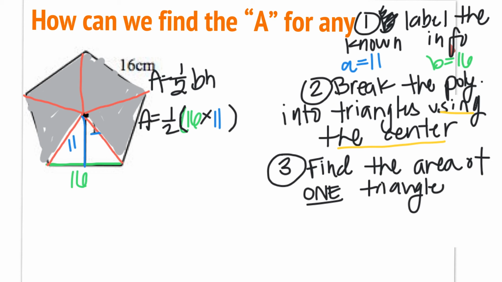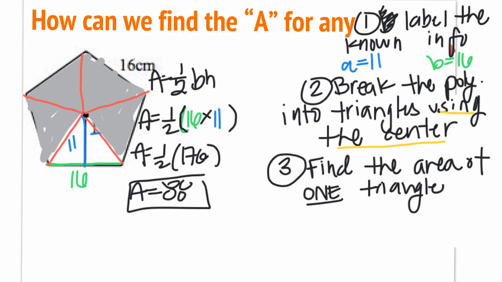And while you take out your calculator, I'm going to go ahead and take mine out. 16 times 11 is 176. So the area is equal to 1/2 of 176, or area equals 88.